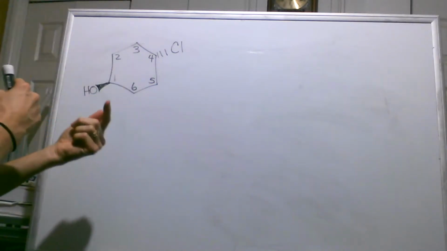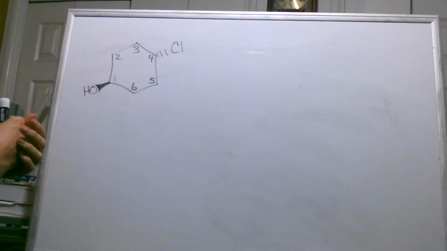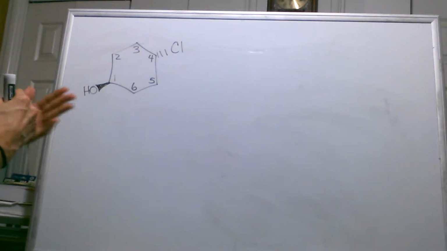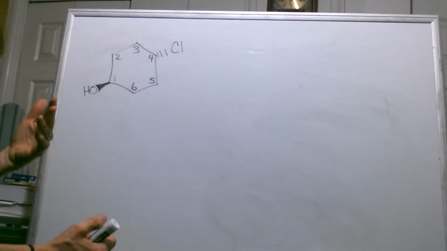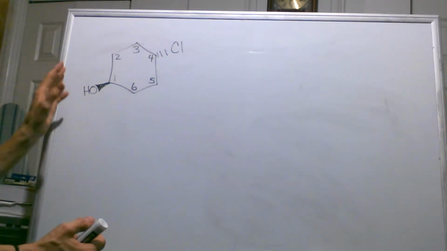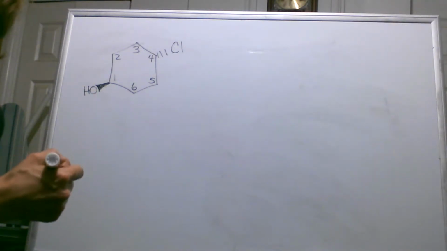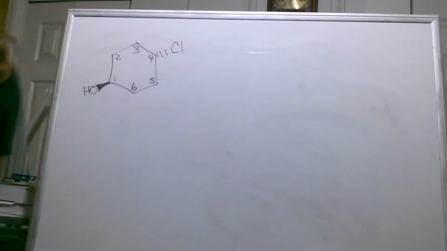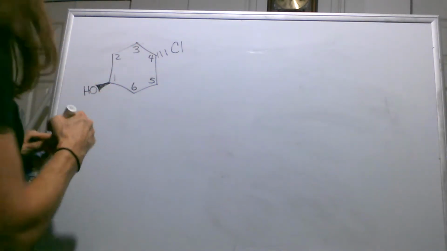Even if you switch these, the relative positions, up, down, or axial, equatorial, that you end up with in your final drawings, those relative orientations will be the same, and so it really doesn't matter. This is just sort of a nitpicky nomenclature issue. So we're going to follow the same guidelines that we followed in the last problem. We're first going to start by recognizing how the substituents are positioned relative to what seems to be the plane.